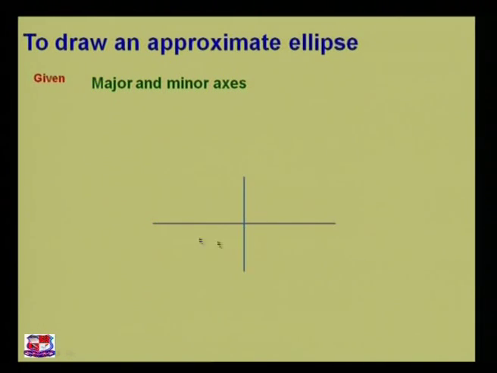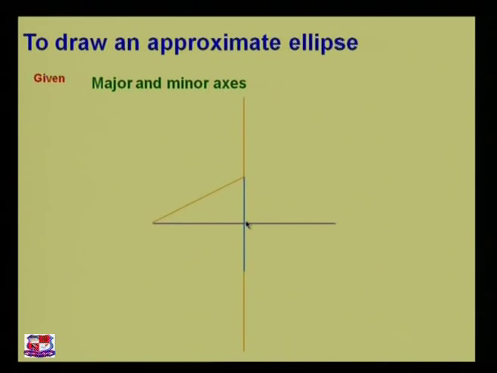We have our major axis, which is on the horizontal line, and the vertical line at the exact midpoint of this major axis is called the minor axis. Join one end of the major axis to one end of the minor axis like this.